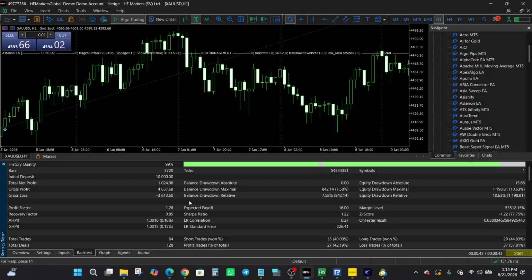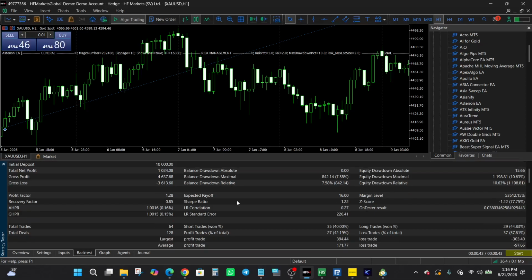All right, and I can see that the balance drawdown maximal is 7.58%. All right, and the equity drawdown maximal is 10.63%. So this is a little bit manageable. All right, not so great, but it's manageable.